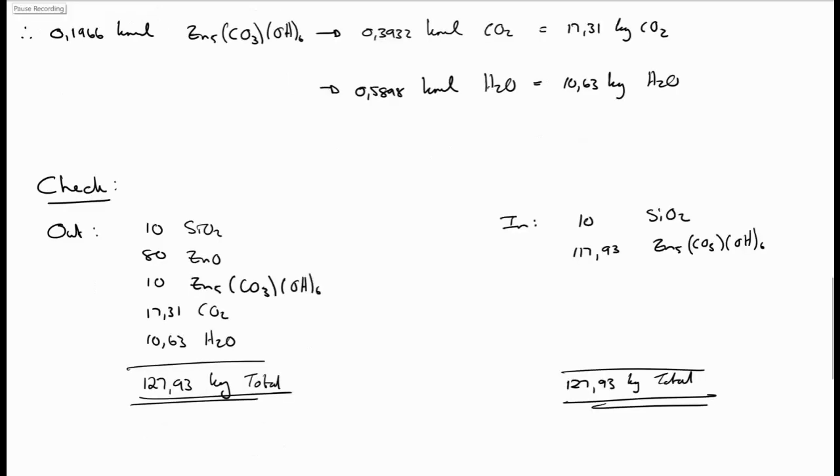Which is the 10 kilograms of silicon dioxide and the 117.93 kilograms of zincite. If we add this up, we get a total of 127.93 kilograms in. Now, if the kilograms in equals the kilograms out, calculated separately from the mass balance, then we know we've done the correct mass balance.